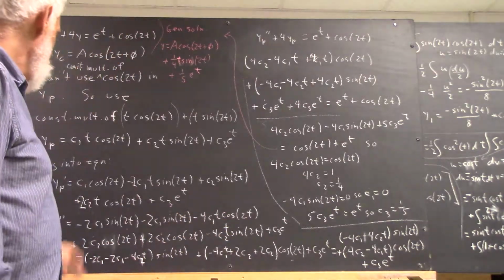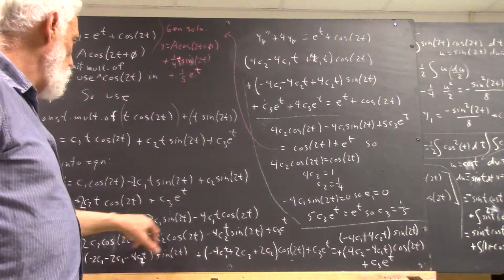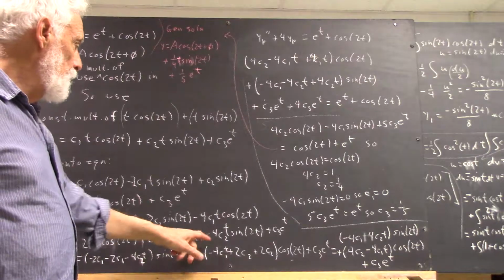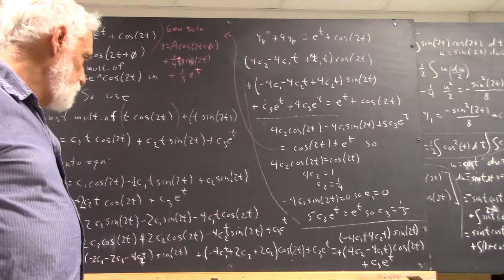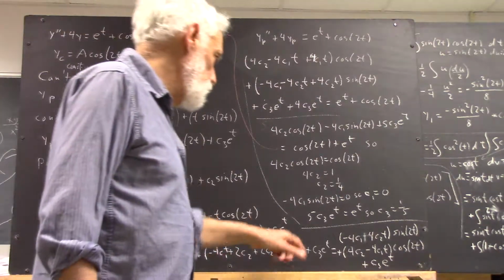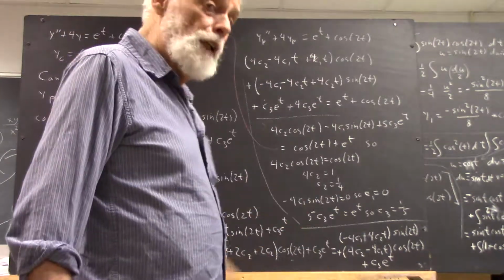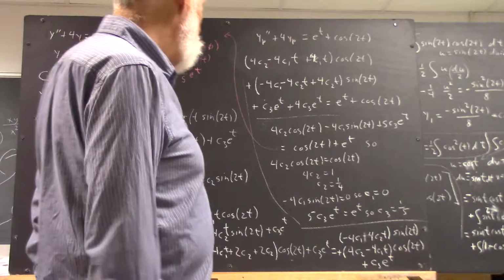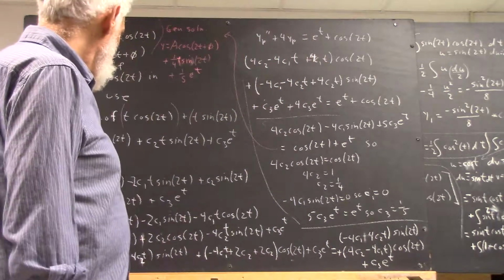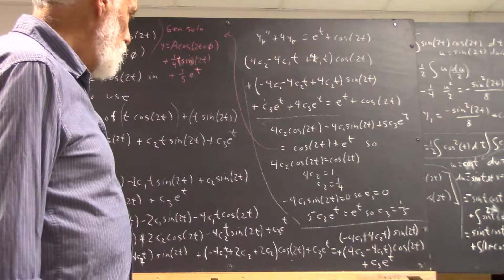That is, we're seeing that we have the same coefficient on both of these sine of 2t terms, negative 2c1, negative 2c1. Here we've got the negative 4c2 t. And on the cosine, we have something similar. And of course, we still have to have our exponential.